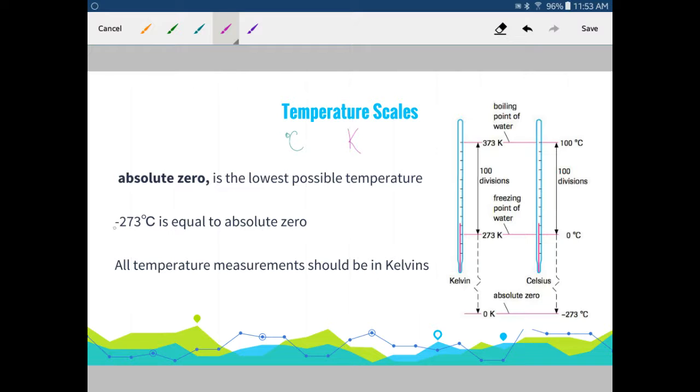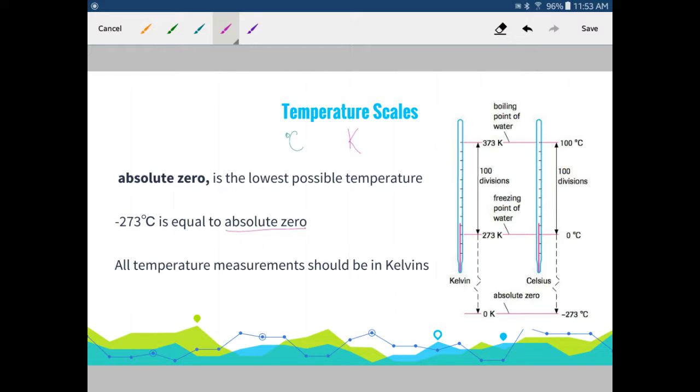And we determined that negative 273 degrees Celsius is the lowest possible temperature that we can get on Earth. And we called that absolute zero. Now, the thing that we need to understand with our 2 temperature scales is that they have equivalent degree rating.